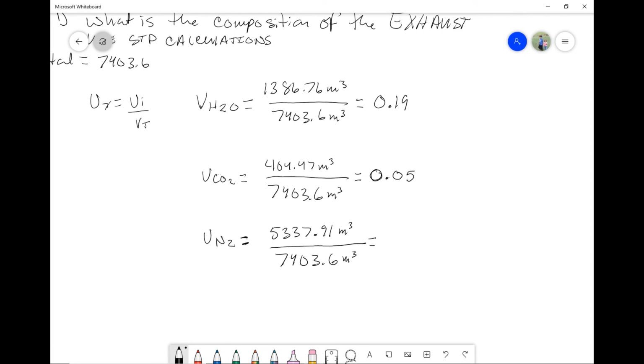So it's a lot of nitrogen, so I got 72% or 0.72.